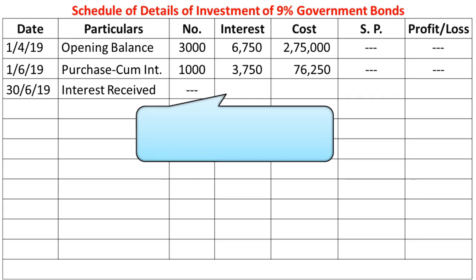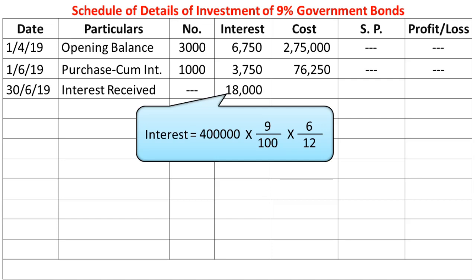The face value or nominal value per bond is rupees 100. It means the total nominal value that we are having today is 4 lakhs. So calculation of interest becomes simple. Interest is equal to 4 lakhs multiplied by rate of interest 9%, multiplied by, as we are calculating this interest for 6 months, 6 by 12.